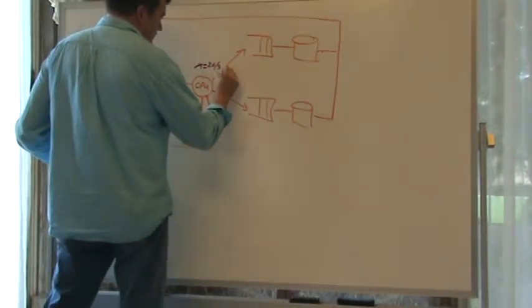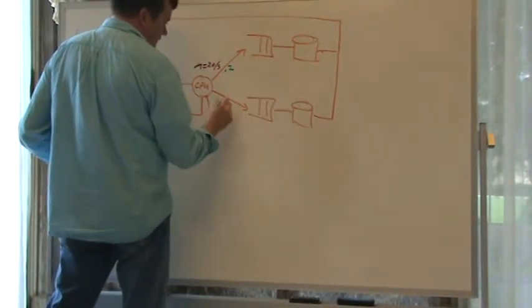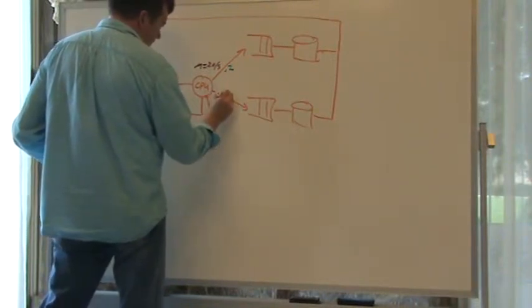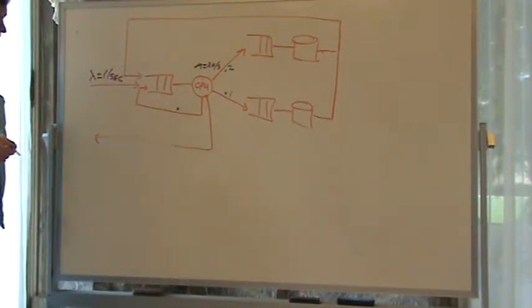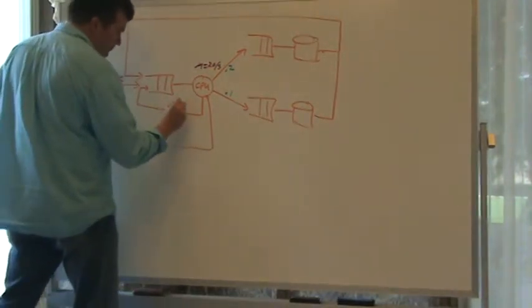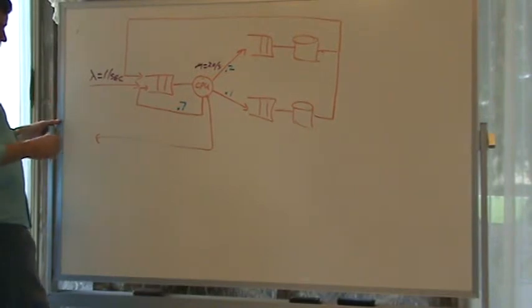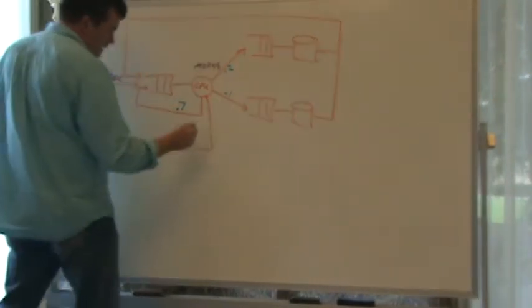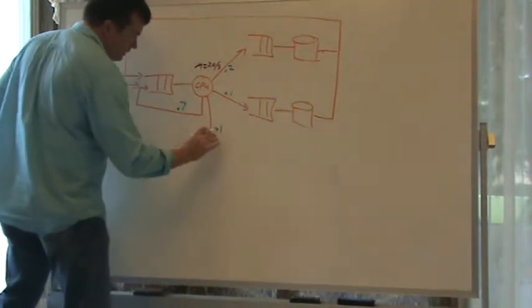Well, if I say 20% of the time we go off to this drive, 10% of the time we go off to this drive, 70, I'll make the math easier, similar to the math we had in the previous example. 70% of the time we go back to the CPU, and 10% of the time we leave the system.